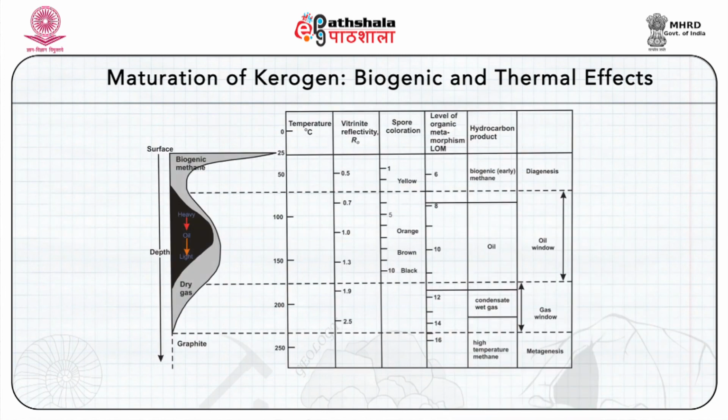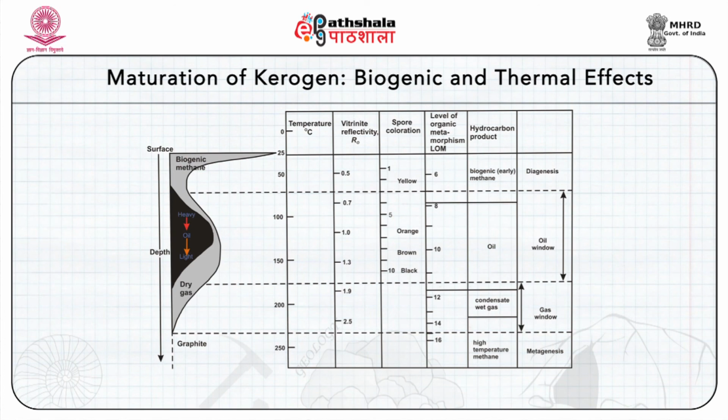Now, this is a curve that clearly shows the correlation between the different criteria that we talk about for the maturation of organic matter. On the left hand side, the black portion clearly shows the oil window, the upper gray portion shows the biogenic gas release, and the lower gray portion is the dry gas, which we say is because of thermocatalytic action.